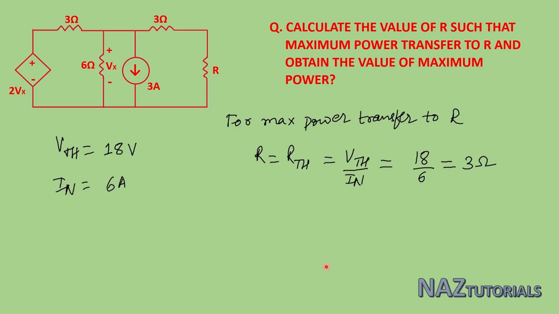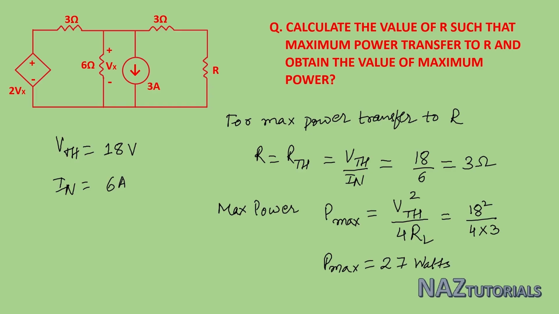Now calculate the maximum power. Our maximum power formula is VTH square divided by 4RL. RL is the load resistance, that is 3 ohm. Put the values and calculate this maximum power. It is calculated as 27 watts.